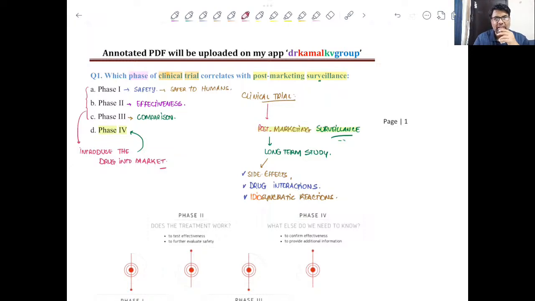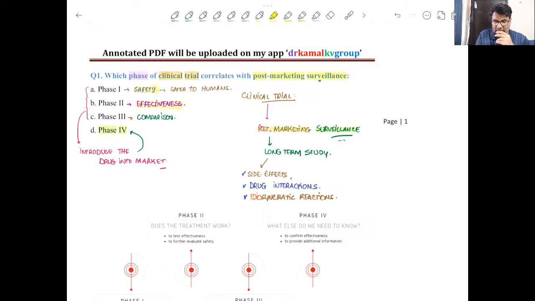Just to summarize, in phase 1 we look for drug safety, that is non-therapeutic, to make sure the drug is safe for humans. In phase 2, we check effectiveness or efficacy, that is therapeutic effectiveness.